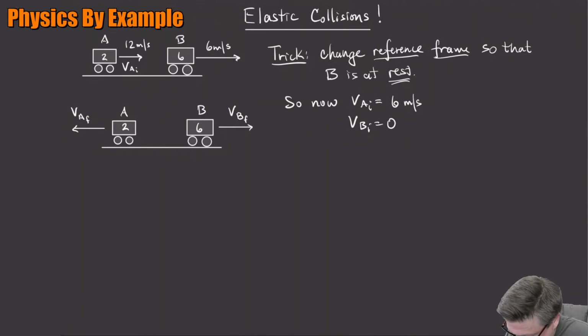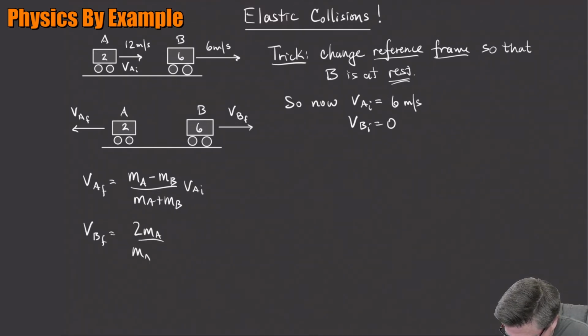Last time we had that VA final is (MA minus MB) over the sum, times the initial speed. VB final is 2MA over (MA plus MB). If I use those, the difference of the masses is -4, the sum of the masses is 8.